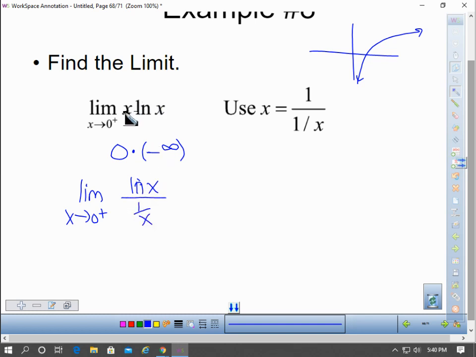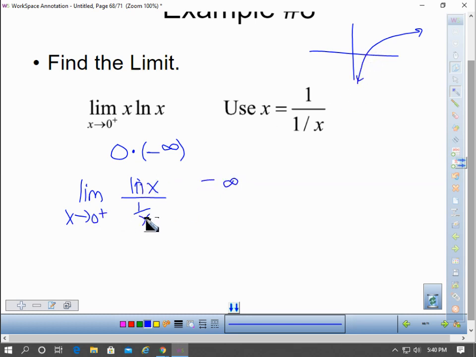So I'm going to take the natural log of x and divide by the reciprocal of x. And that'll give us a new form. All right, so now let's plug in 0. What do we get? If I plug in 0 from the right for ln, again from the right side, that goes to -infinity. So this is -infinity.